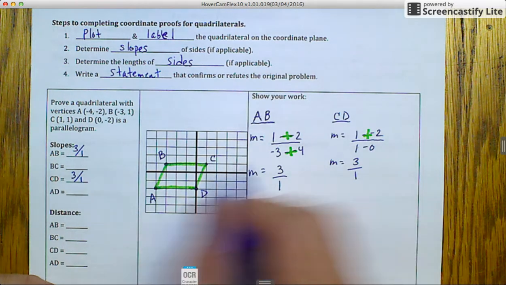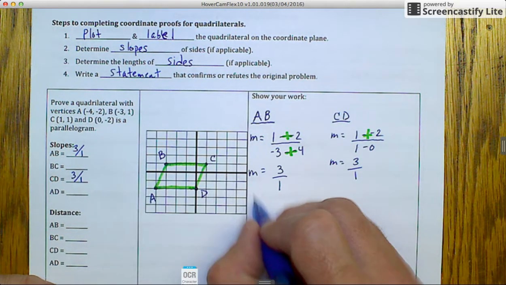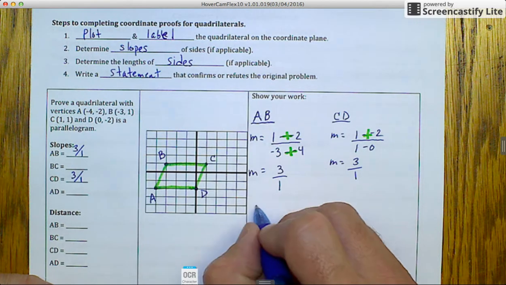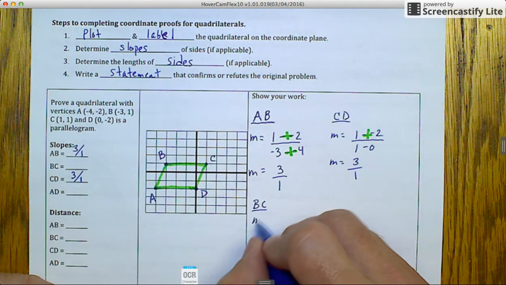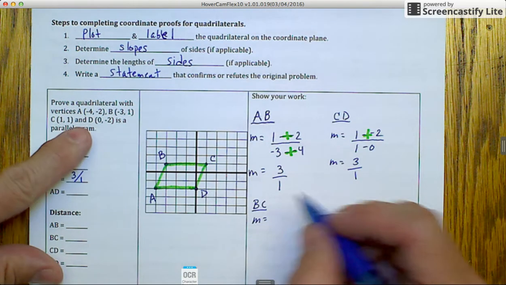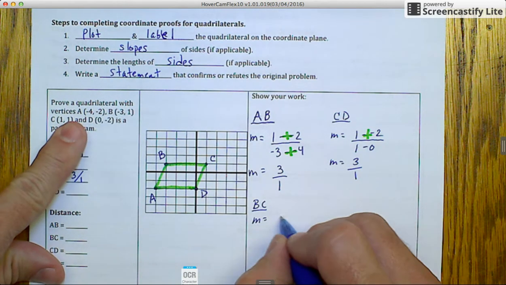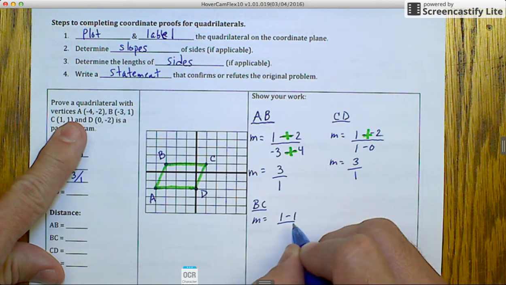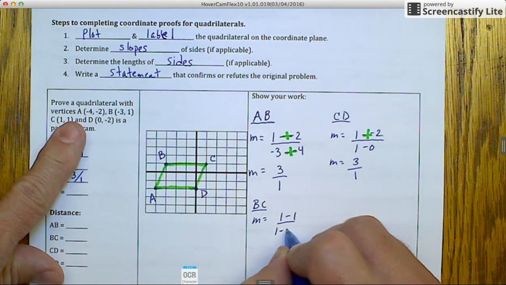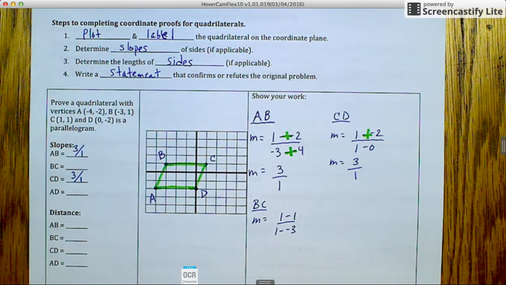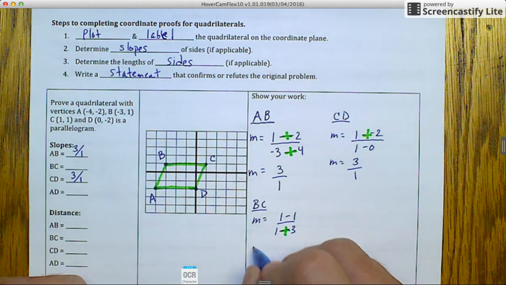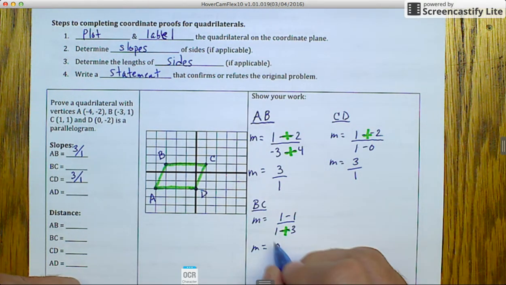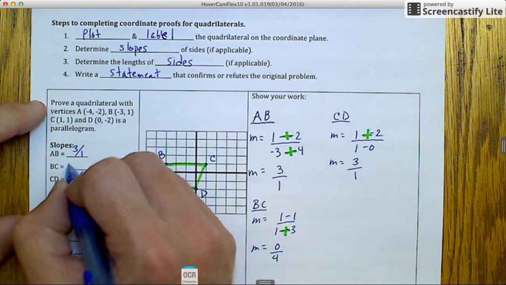And then we're going to look at the slope of BC, and we're going to see that these are both flat lines. We could put it into the slope formula. For B and C, it would be 1 minus 1 over 1 minus a -3. Again, 2 negatives make a positive. 1 minus 1 is 0 over 1 plus 3 is 4. So my BC slope is 0.